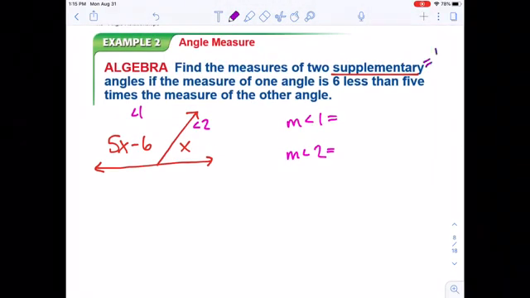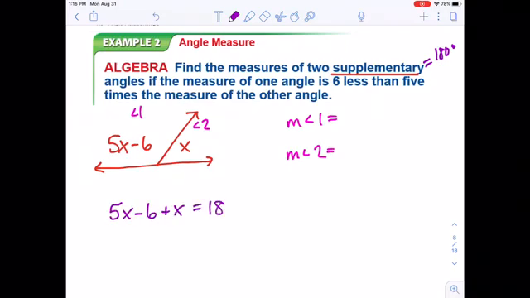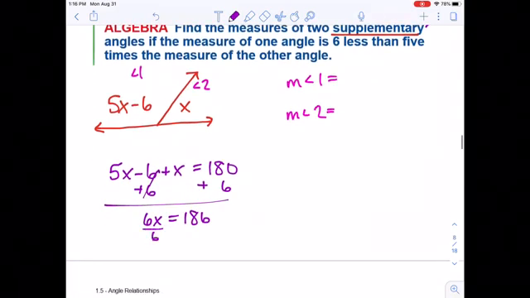Since we know supplementary equals 180 degrees, I'm just going to take 5x minus 6 plus x equals 180. Go ahead and solve by combining like terms and moving things around. X will equal 31 once we divide.